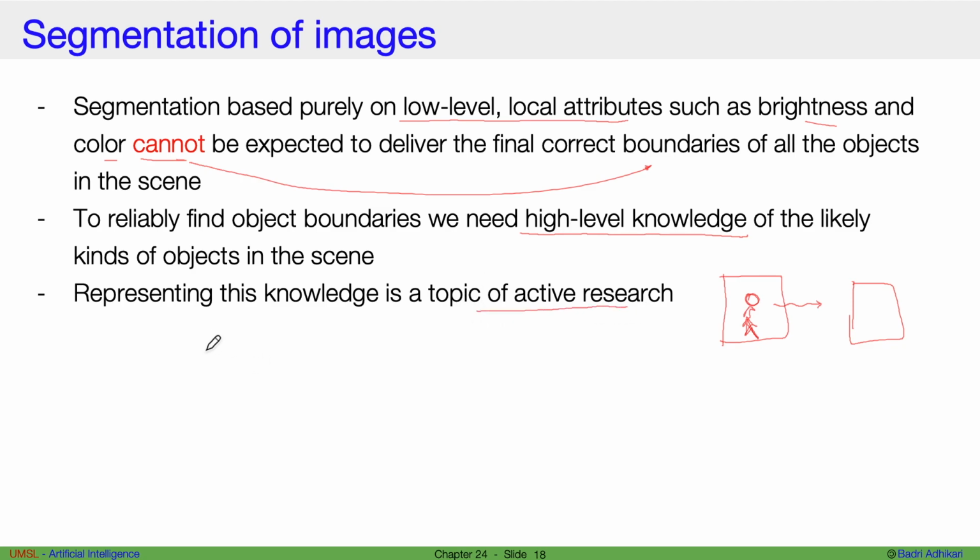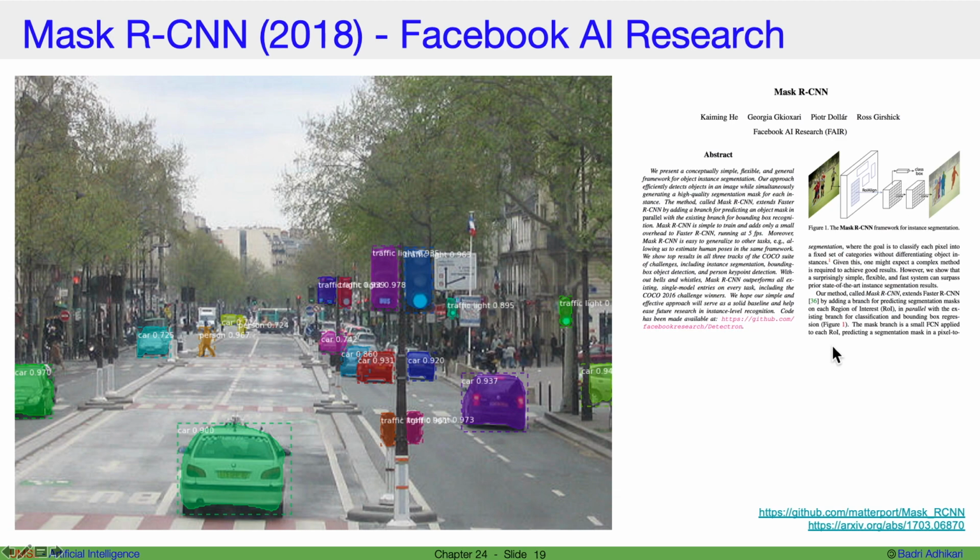However, these days deep learning has been very successful at taking images as input and classifying, or creating segmentations of this image. Here's an example of a successful work by the Facebook AI research group. In 2018 they came up with a method known as Mask R-CNN, and there are many other similar successful methods for image segmentation.